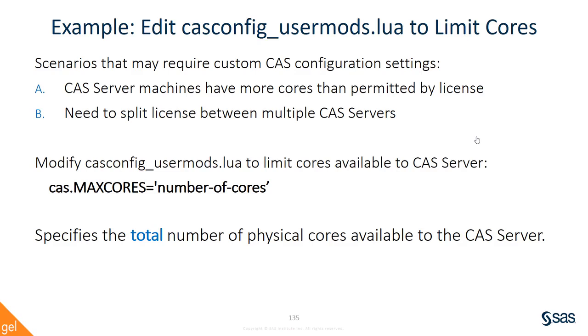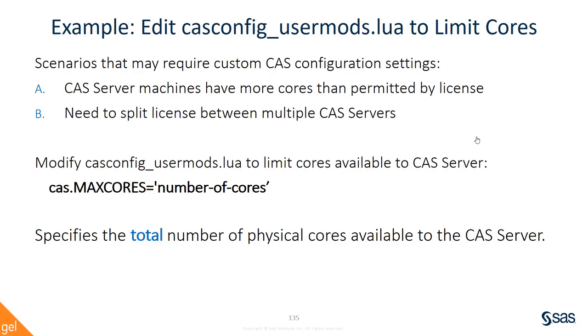As an example, we may have the need to restrict the number of cores that CAS uses. By default on a machine, if I license 8 CAS cores, CAS will only use 8. You can have 1,000 cores for all we care. We only use the licensed version.